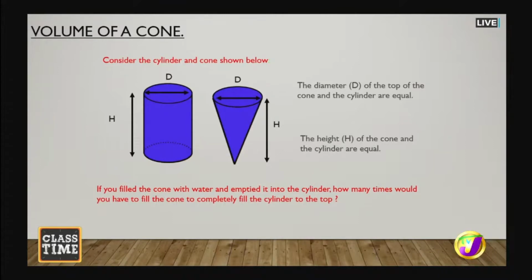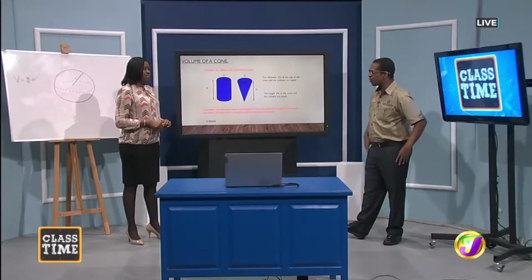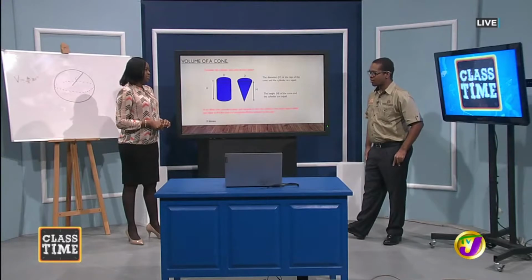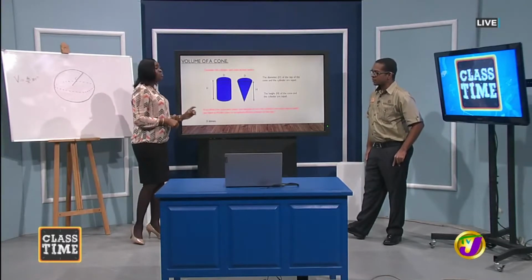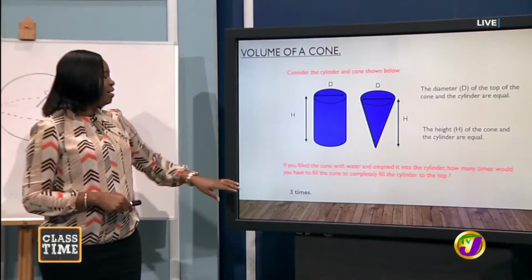Since the cylinder is 3 times that of the cone, I'm thinking it would be the reciprocal. So it is going to be 1/3 the volume of the cylinder. Yes, so the cone would be 1/3 of the cylinder.